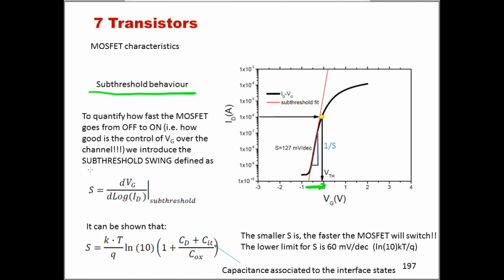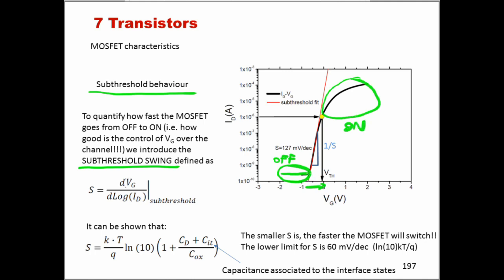The answer is obviously yes, and it is quantified through a parameter called the subthreshold swing. This parameter is extremely important because it tells us how we move the transistor from being completely off to being completely on.